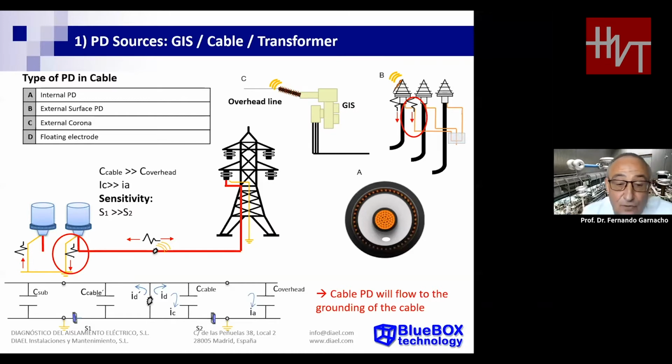If we use the sensor placed on the left, we have more opportunity, more sensitivity, because the current through the sensor is the current through the capacitance on the right of the substation. It means that it involves other cables, other elements that have significant capacitance, more than an overhead line.